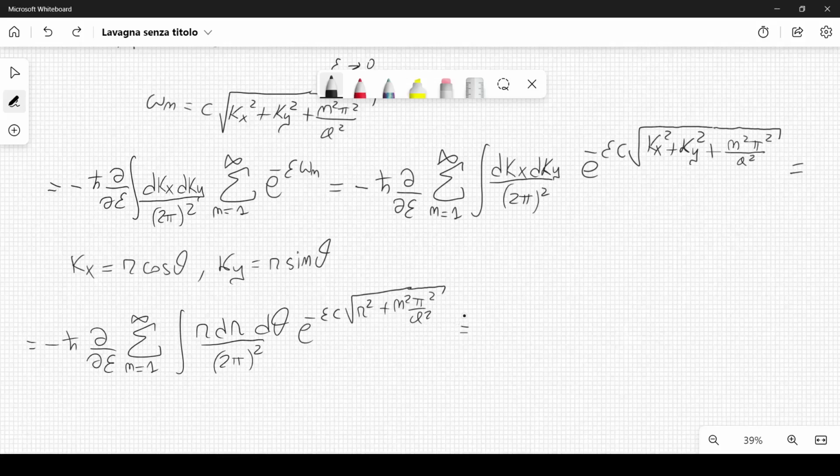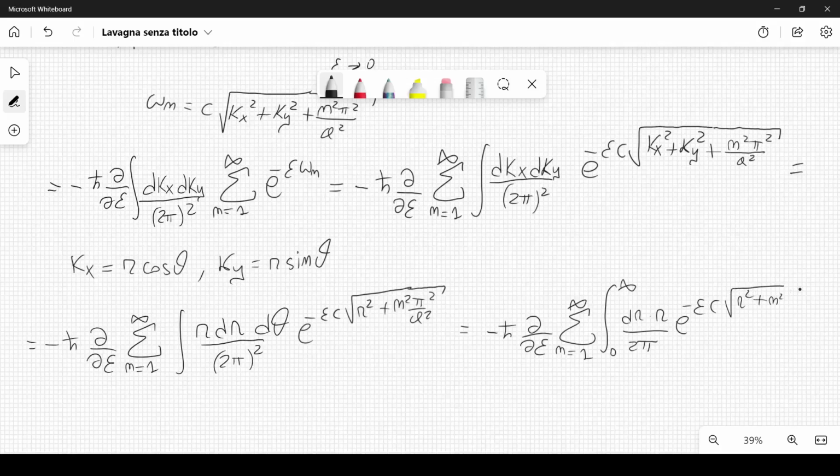So here we have the following: minus h bar, derivative with respect to epsilon, summation over n from 1 to infinity, integral from 0 to infinity, dr times r divided by 2 pi. And then here I have e to the minus epsilon c square root of r squared plus n squared pi squared over a squared.